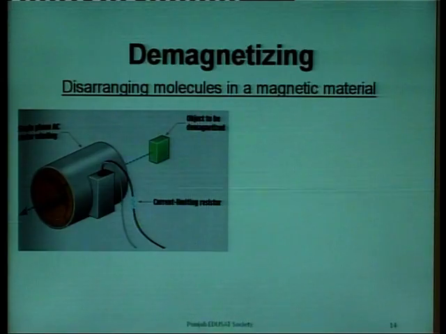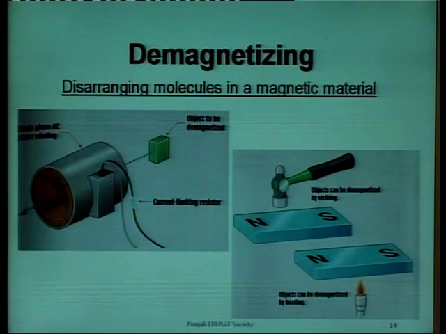Then we have demagnetizing. The disarrangement of molecules in a magnetic material is called demagnetization. In this diagram we have a single phase AC stator winding, a current limiting resistor, and the object to be demagnetized. This object can be demagnetized if we pass it through the stator winding of the motor.